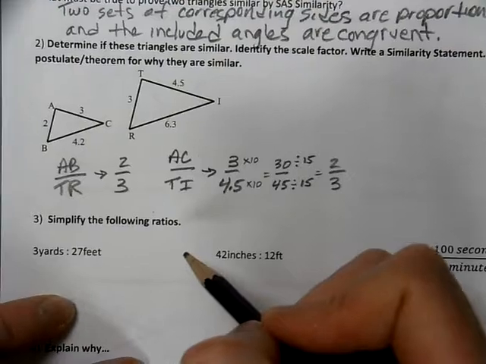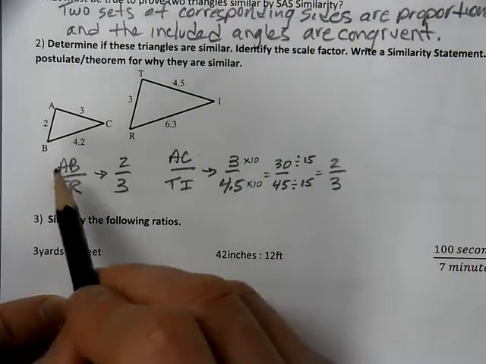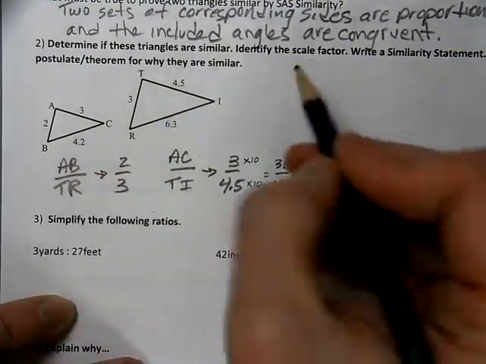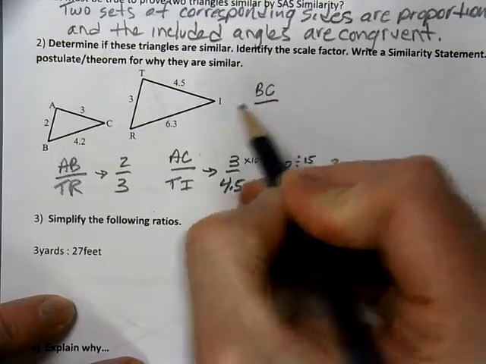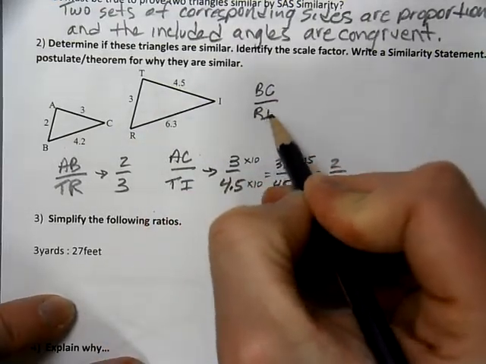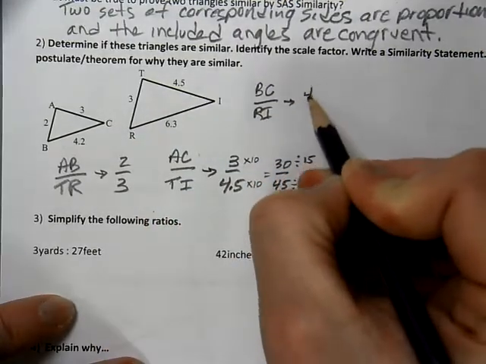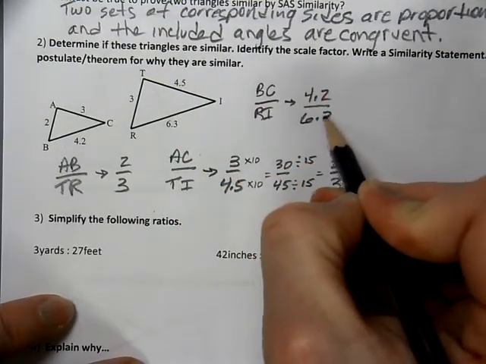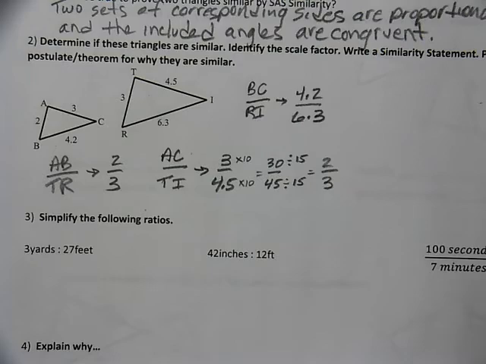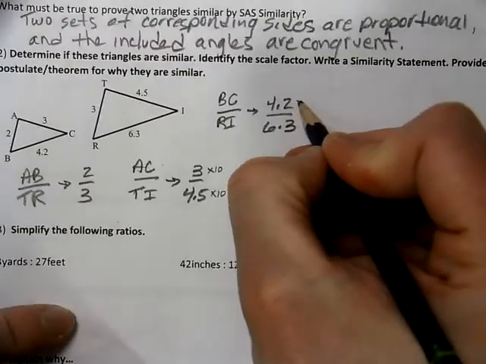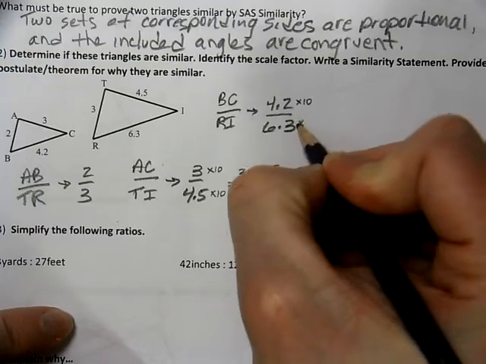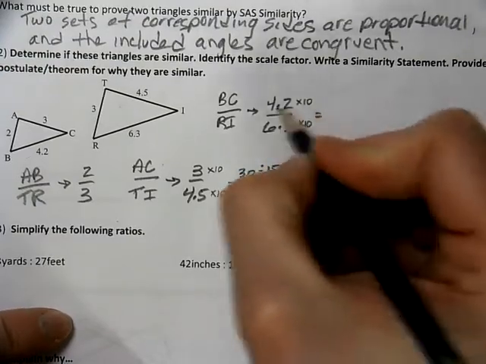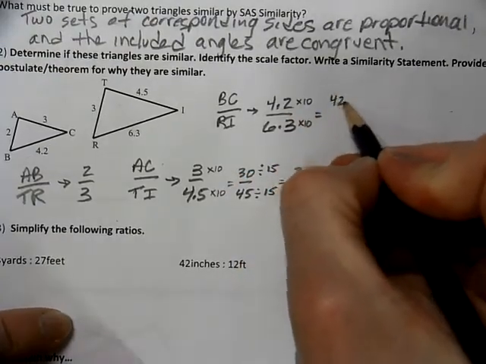Alright, and then we would also want to check on the longest side. We're looking at BC. We're looking at RI. That is 4.2. That is 6.3. Okay, I'm not sure what numbers are going to go into those evenly, but if I times it by 10, I can get 42.